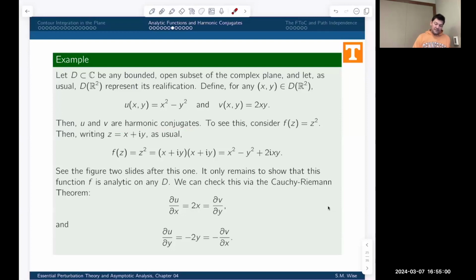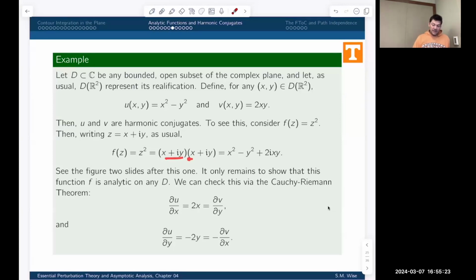To see this, let's consider the following f. Suppose that f is equal to z squared. This is the most famous example of this, and many of you have seen this before. If I write z as x plus iy and then square it, squaring works the same way in complex land as it does in real land.